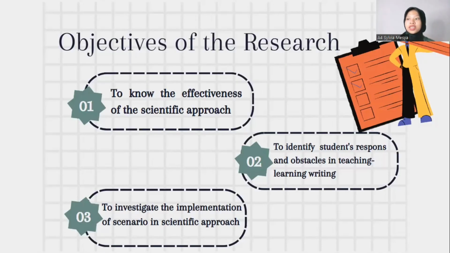Furthermore, there is a research objective here. The research objective consists of 3 points. First point, to know the effectiveness of scientific approach to picture media to increase writing skill. And then point 2, to identify student response and obstacle in teaching learning writing descriptive text for student 10th grade senior high school.